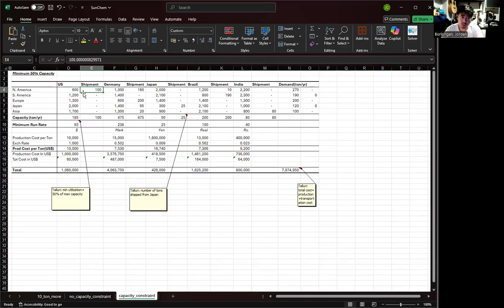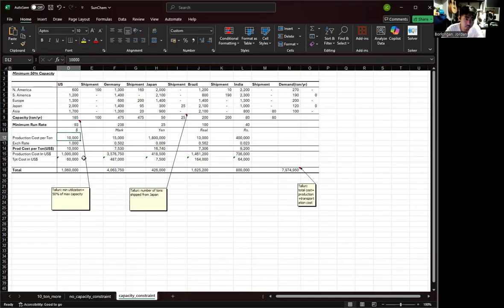So relatively close, it has a relatively low cost. The reason there are just a few allocations for shipment is that it has a relatively high production cost per ton. Despite the US being the gold standard for the dollar, compared to other places, there are simply more cost-effective options.